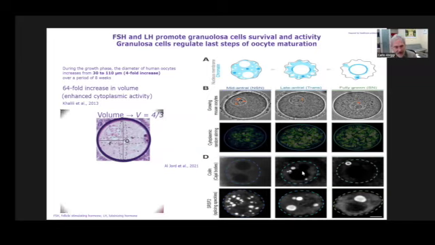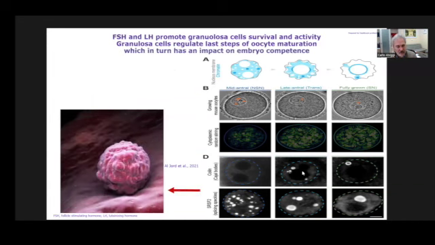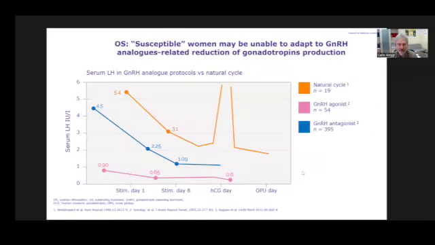That's the reason why LH is so crucial, so important in our clinical practice, because I would like to tell you that a competent and viable embryo is the effect of very good cytoplasmic maturation of the oocyte. Let's think about what we do in our clinical practice.